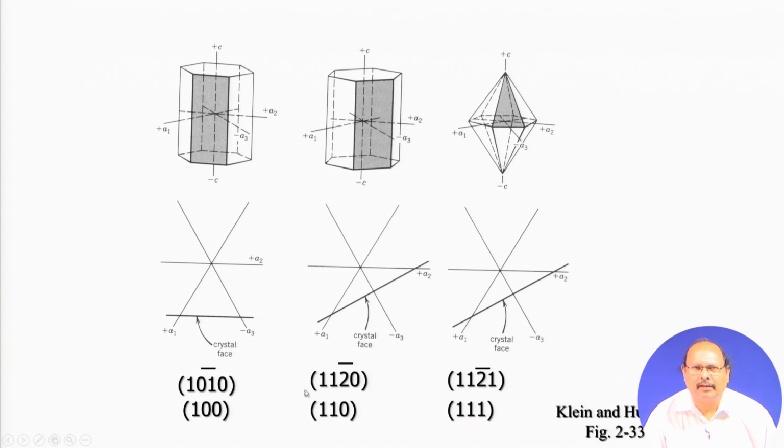So, even if you add it up, 1 plus 1 minus 2 is 0 here. And in a situation where you have a triangular face, which intersects the positive direction of the C crystallographic axis and also the 3 horizontal directions, you have 1 1 bar 2 1. If you add this up, 1 plus 1 minus 2, this is 0 here.